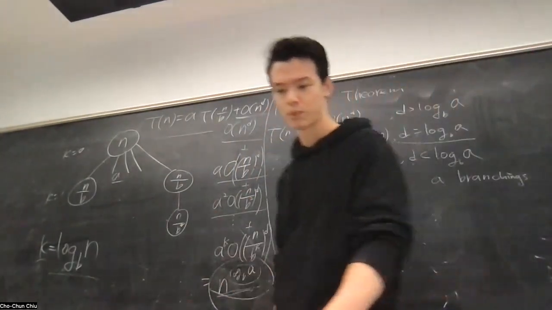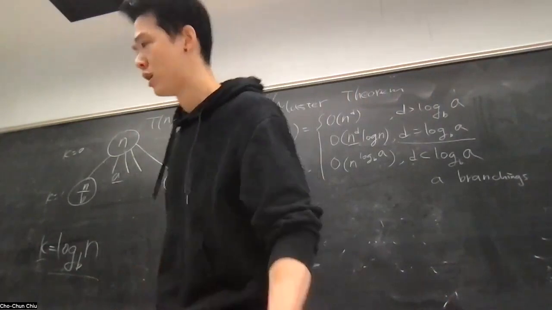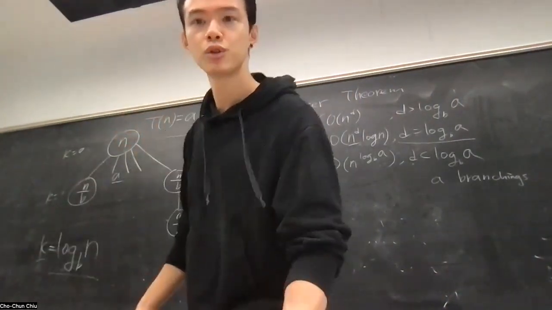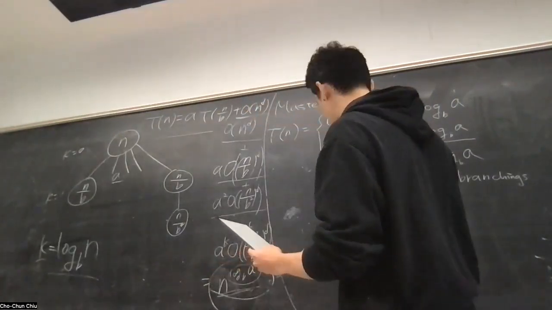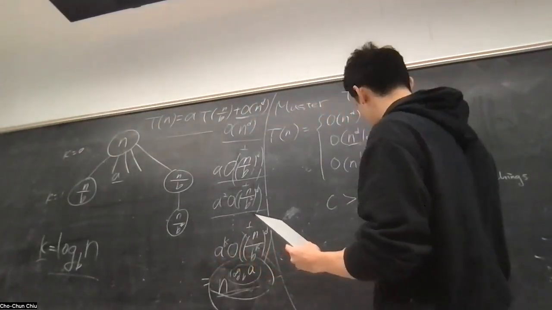So that's for this case. So let's look at the example, and then, oh, by the way, not sure if I have time, but let me just quickly write this down.